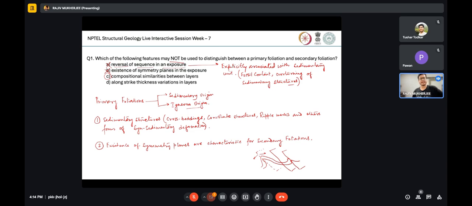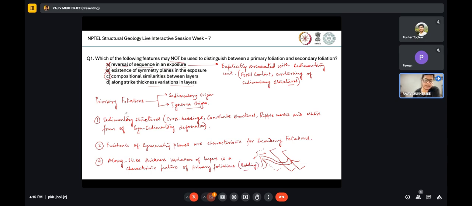Because I can definitely say that option B, which is the along strike thickness variations in layers, along strike thickness variation of layers is a characteristic feature of primary bedding planes or bedding planes, right?